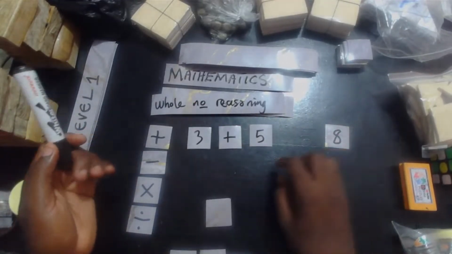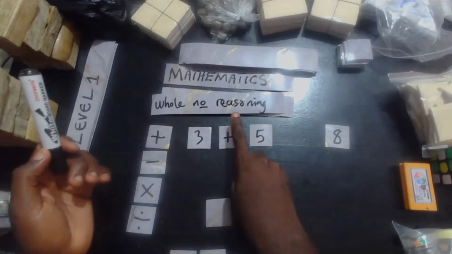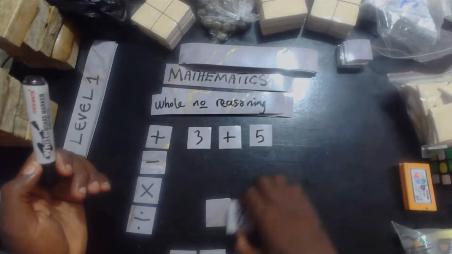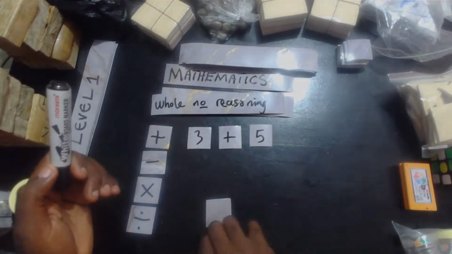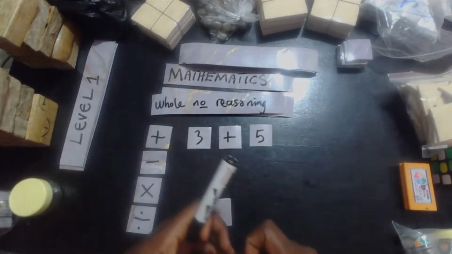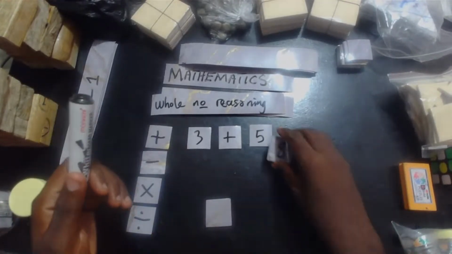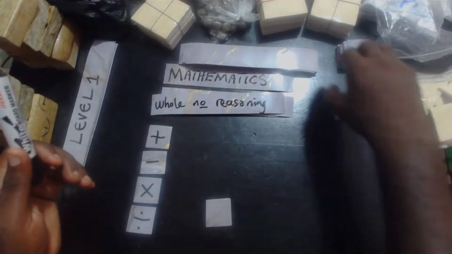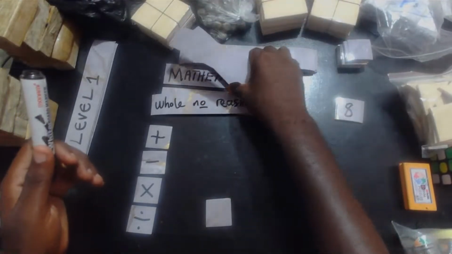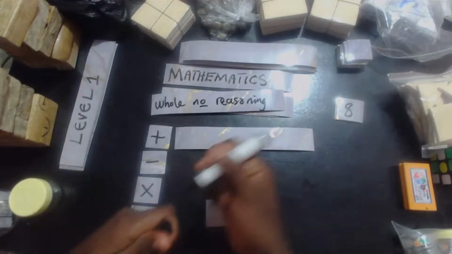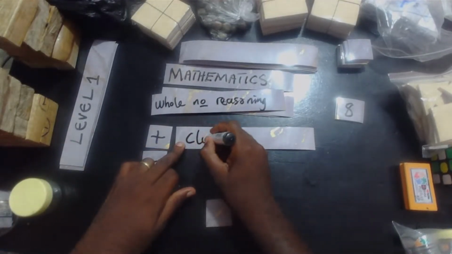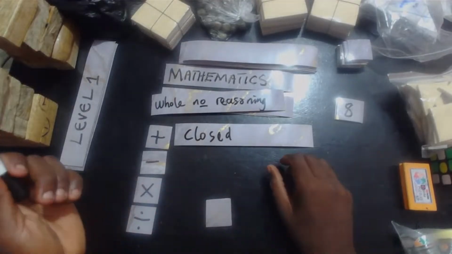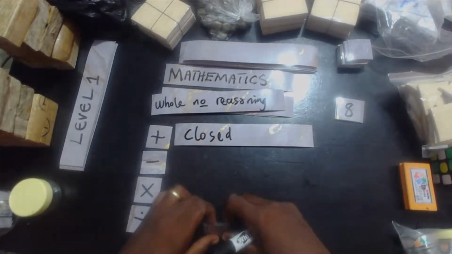So addition is closed in the whole number reasoning test. Addition, we will say, is closed because there is no example to prove otherwise. What do we conclude? We say addition is closed because all whole numbers add to give you whole numbers.